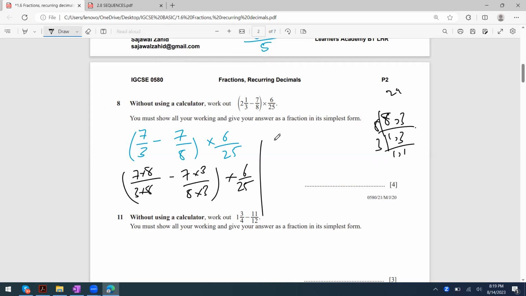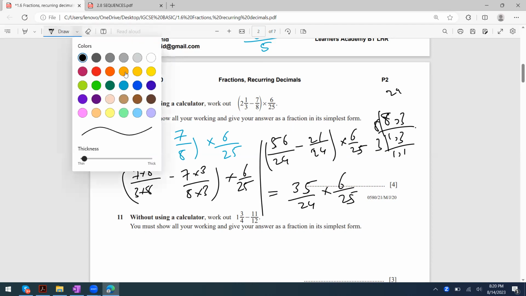So that is 56 over 24 minus 21 over 24. Keep the brackets. What is 6 minus 1? 5. 5 minus 2, 3. 35 over 24 times this 6 over 25.